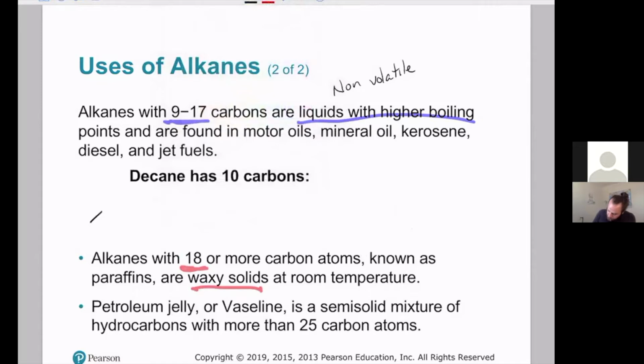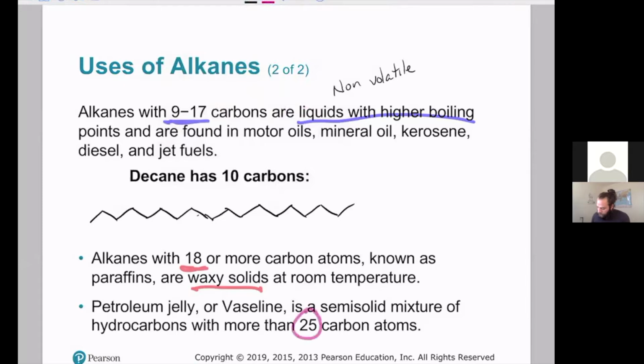So now we have something like that, a really, really long carbon chain, which would be something like a wax.